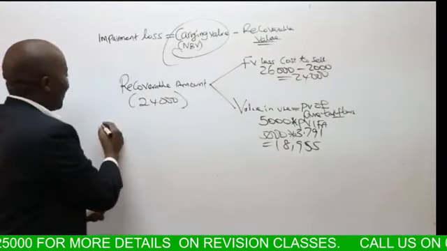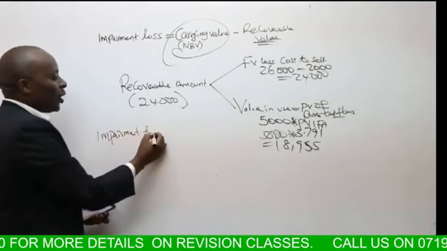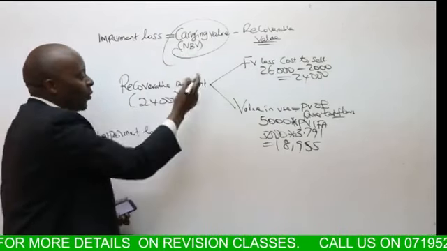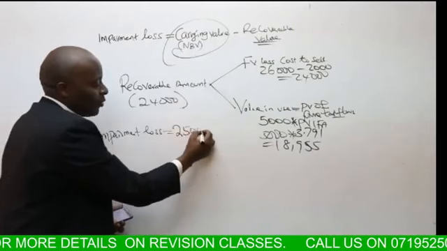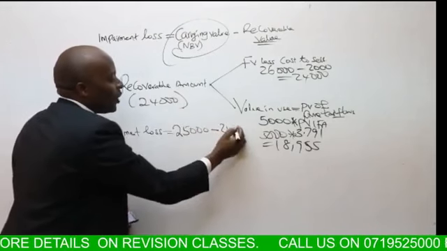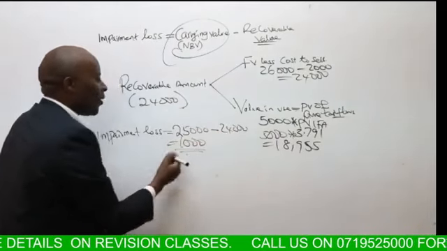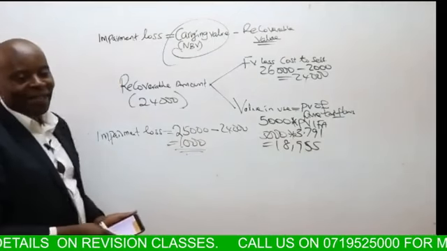Now then, what is the impairment loss? Go back to the formula. This impairment loss will be the carrying value, which was 25,000, minus the recoverable amount, which is 24,000, which ends up giving us an impairment loss of 1,000.